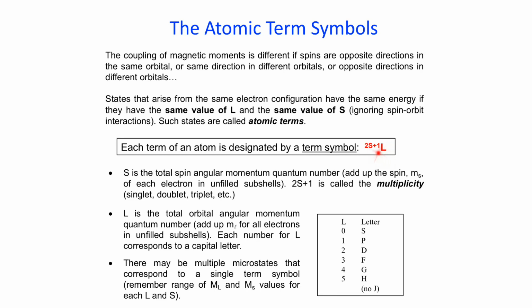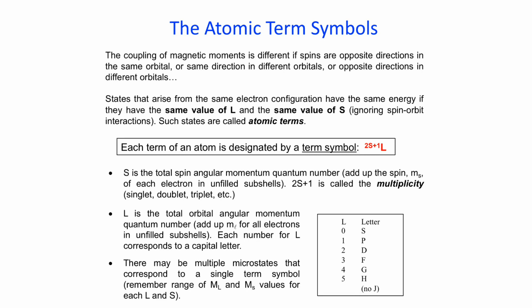And then for this L, you're going to sub in the corresponding letter. This is just like how we get our little s, p, d, and f orbital notations. Those each correspond to a little l number of 0, 1, 2, 3, and so on.